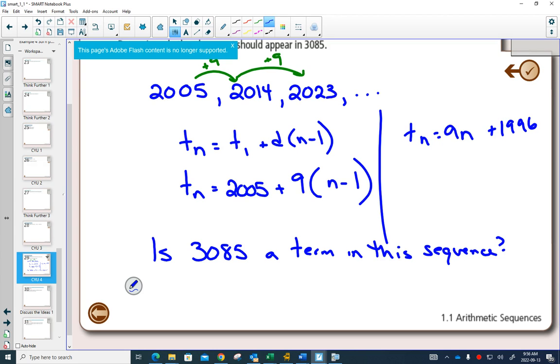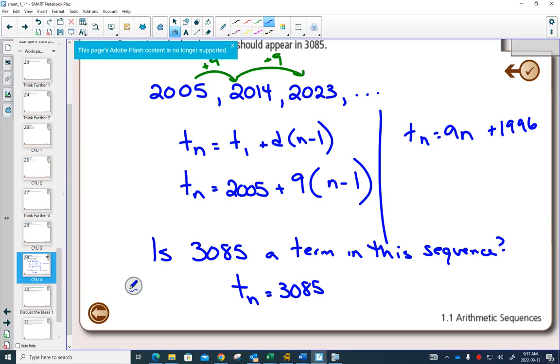Yes, because you buy and then you write all your notes in there and stuff like that. Yes. So that's what we're asking. Is it a term in the sequence? Well, if it's a term in the sequence, then there is some number n that makes that work.